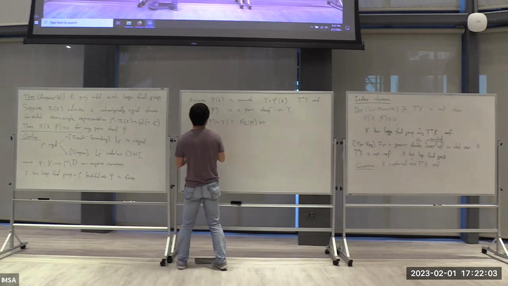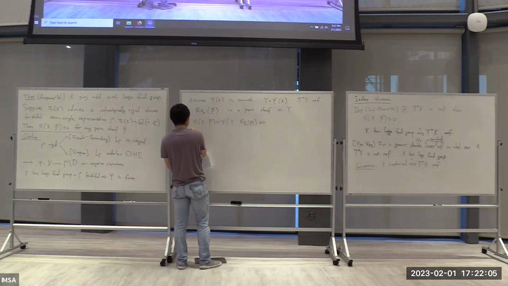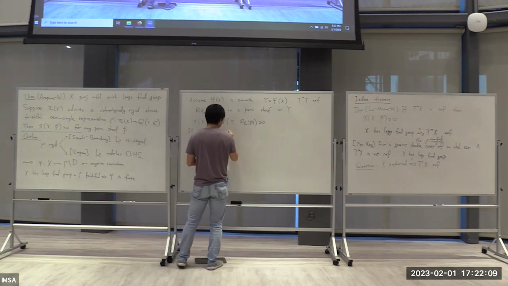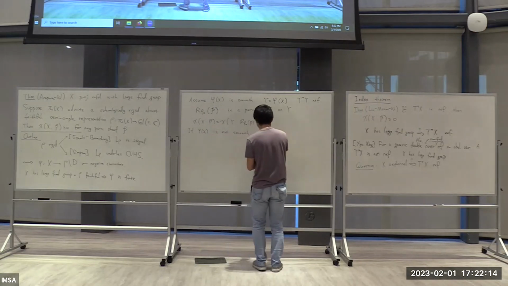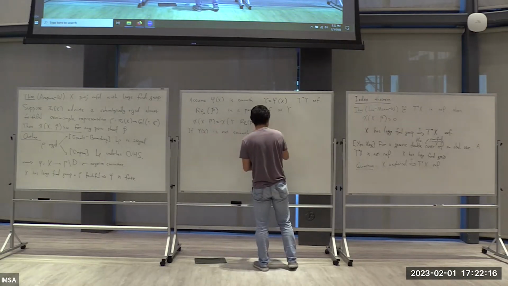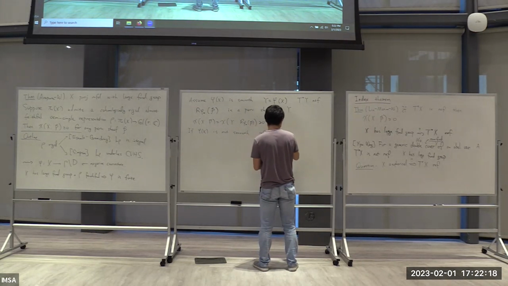Let me just quickly say that if the image is not smooth, then we have to use some more refined intersection theoretic arguments.